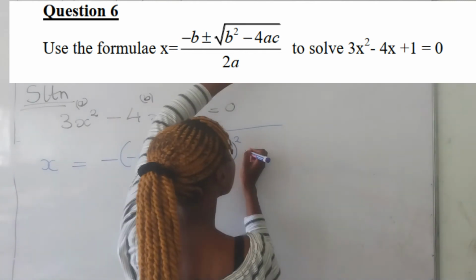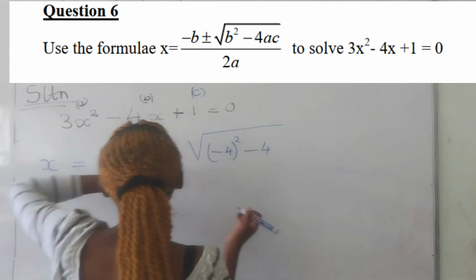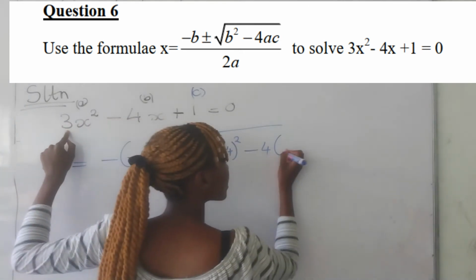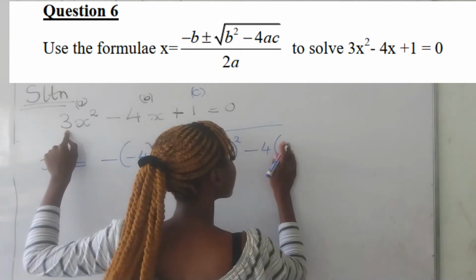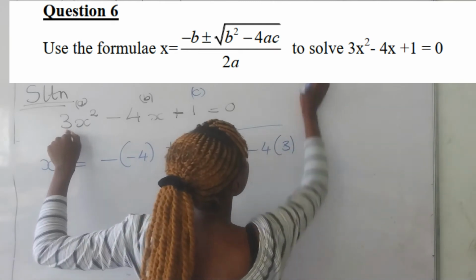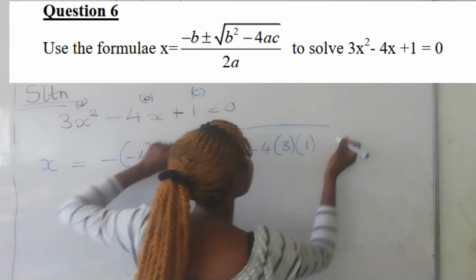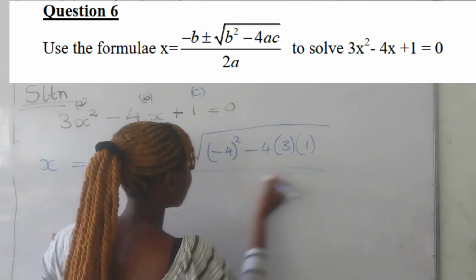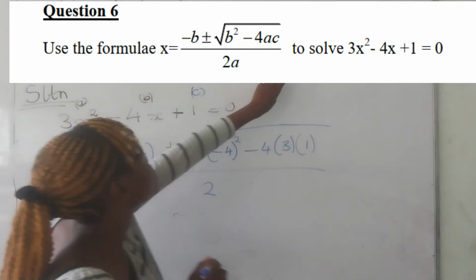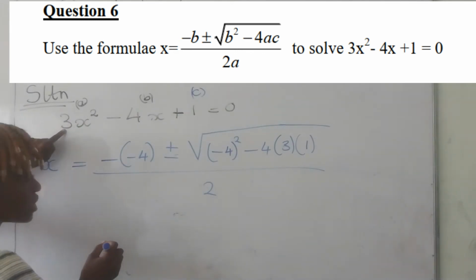As you can see, minus 4, we put our a, bracket a would be 3 times c, our c is 1, all over 2a, who is our a? Our a is 3.